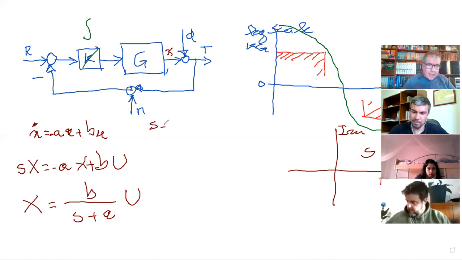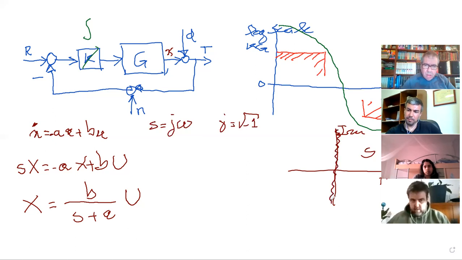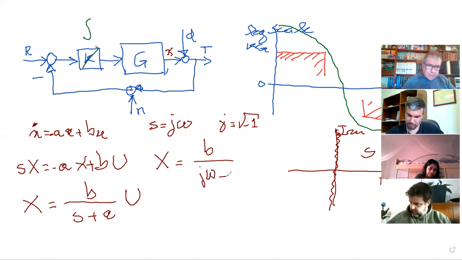So I say S is j omega, where j is square root of -1. That is to say, I'm here in this vertical axis. Okay, now this becomes what? Becomes X is equal to b over j omega plus a, times U.